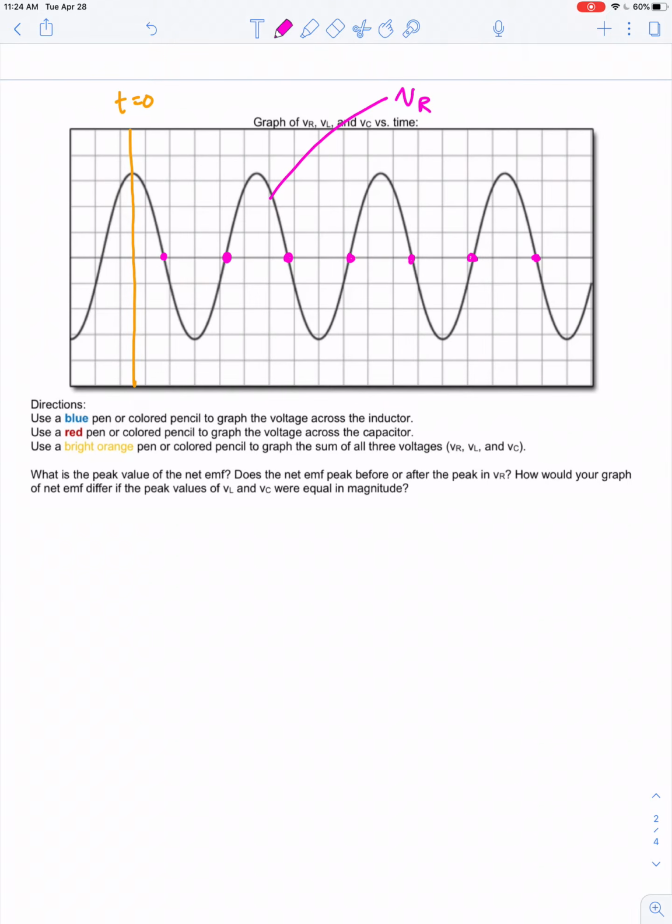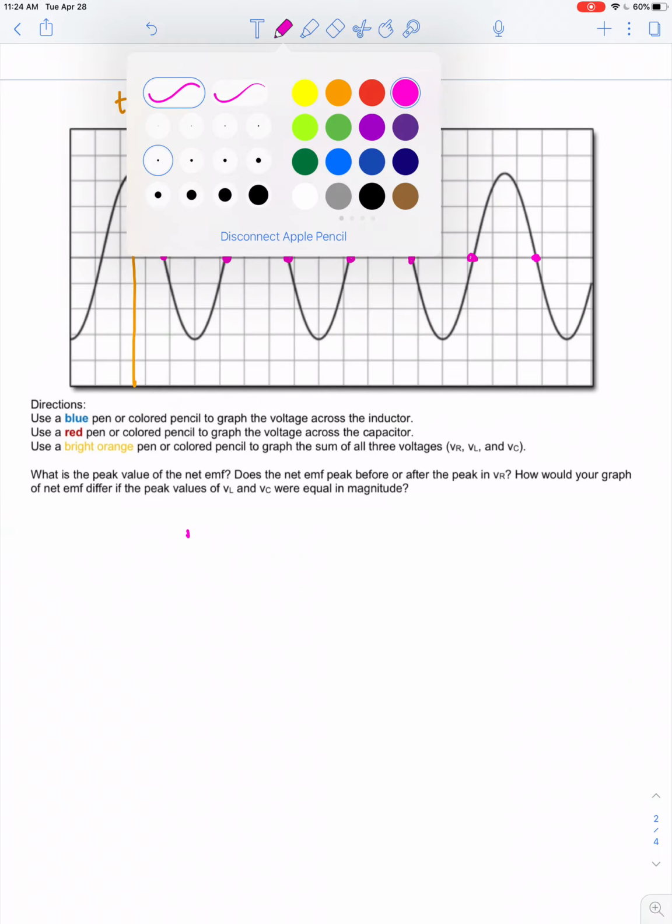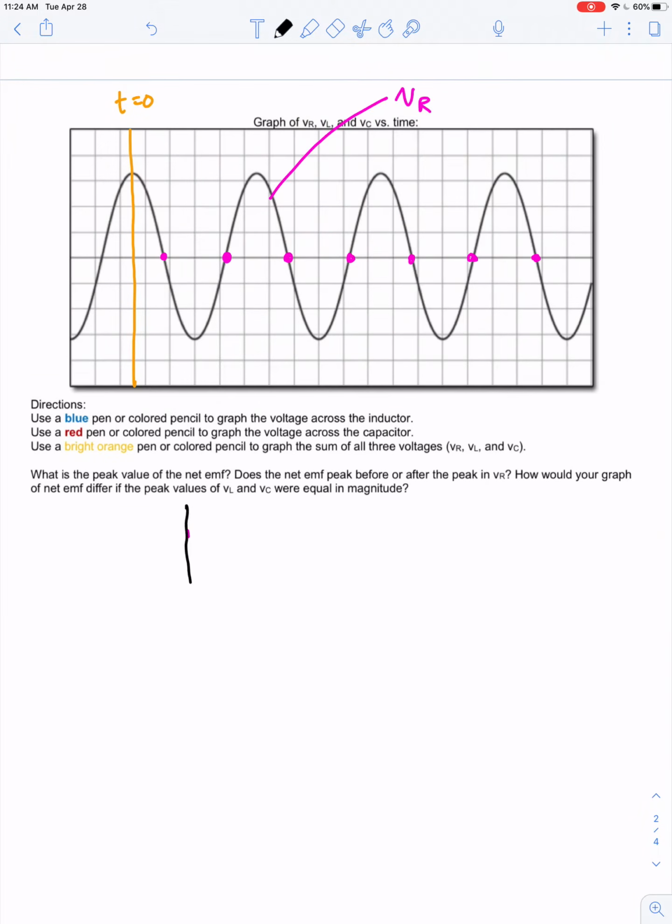The voltages for the inductor and the capacitor are 180 degrees out of phase with one another. The voltage across the resistor and the voltage across the inductor are 90 degrees out of phase, and so are the resistor and the capacitor. This is a case where the voltage across the capacitor is greater than the voltage across the inductor.